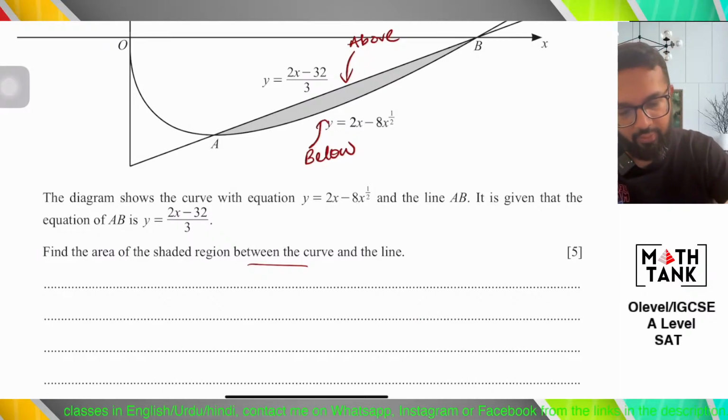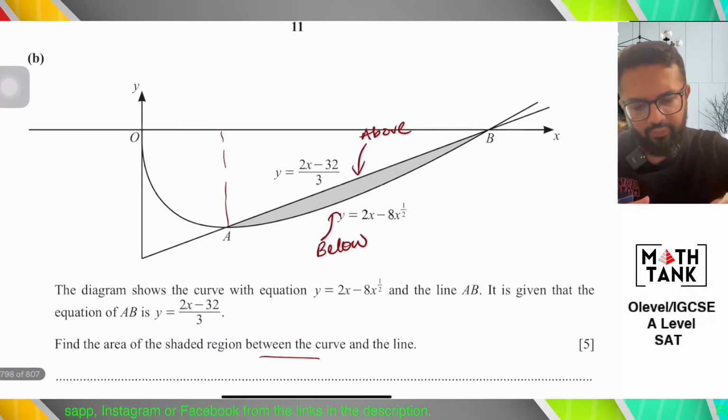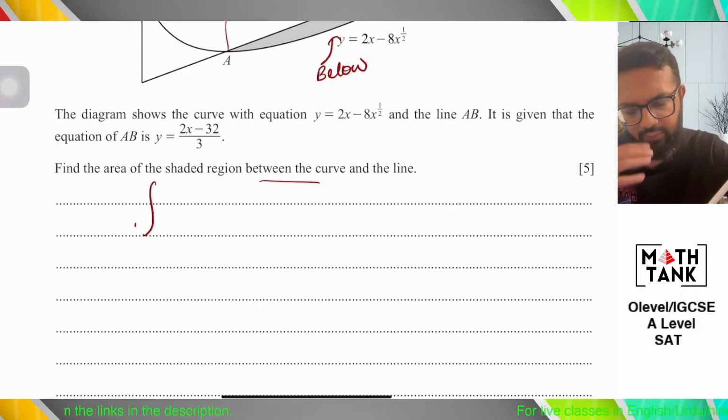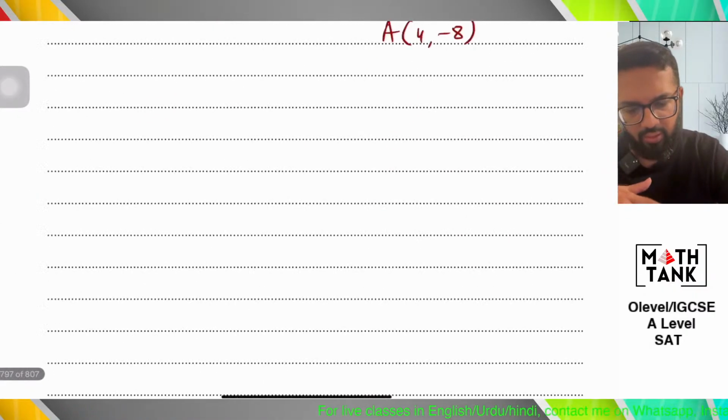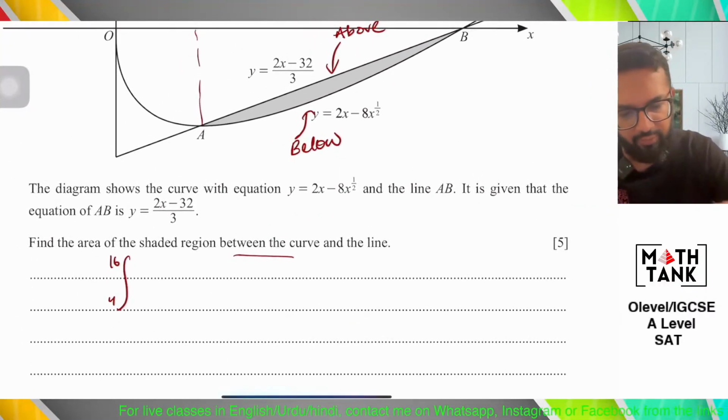Okay, so I will need these points first. Okay, these are the same points. The diagram shows the curve and line A. If that is the same, then this and this is already there. So I have 4 and 16. And then I just need to do above minus below.